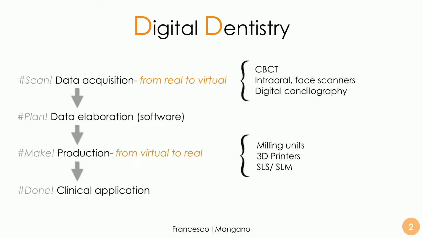Then we have collected all this data, we have our virtual patient, the virtualization of our patient, and we can go through our plan using different kinds of software for guided surgery, software for orthodontics, software for prosthodontics. After we have planned everything, we can go straight to the making or shaping phase. So production from virtual to real, thanks to milling unit, 3D printer, SLS, SLM machine. And after that we have the clinical application. So these are basically the 4 steps digital dentistry is based on.